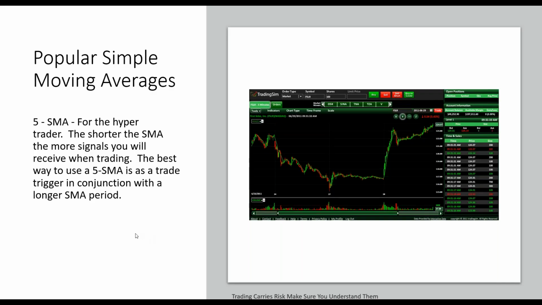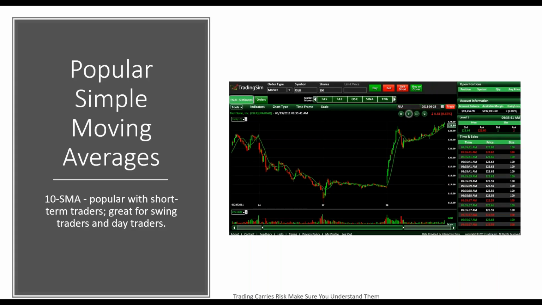So we start out with usually the shortest period that a moving average is going to help you. And that's the 5-period moving average. This is for hyper traders. The shorter the SMA, the more signals you'll get, but the more erratic they become and the more rapidly they come. The best way to use a 5 SMA is as a trigger in conjunction with a longer moving average.